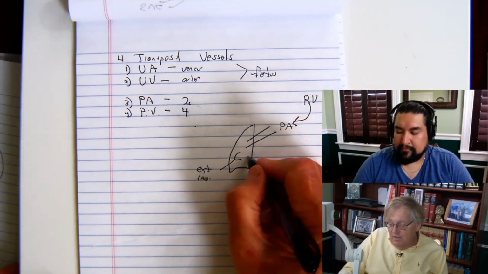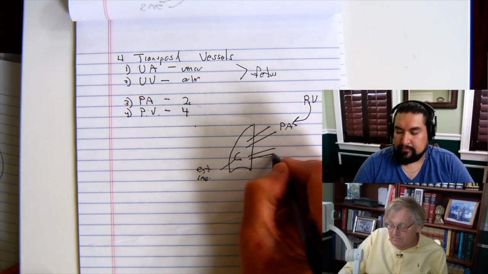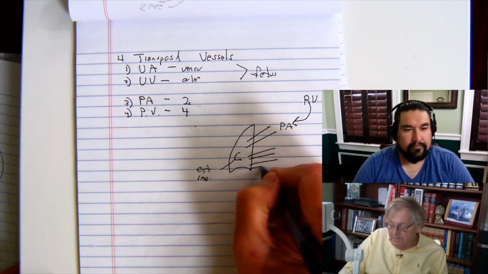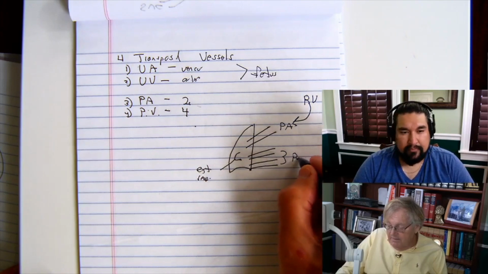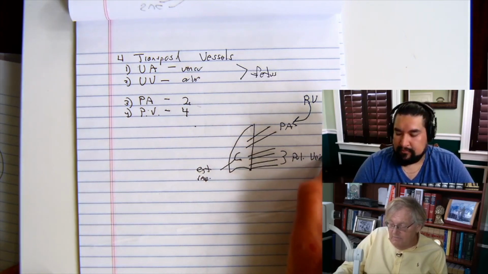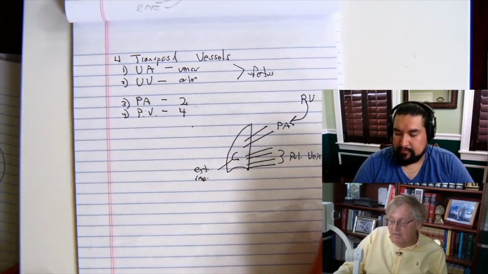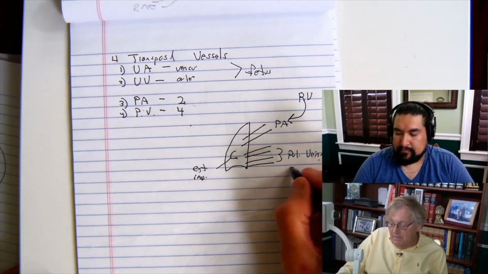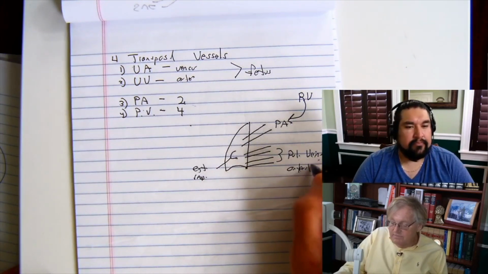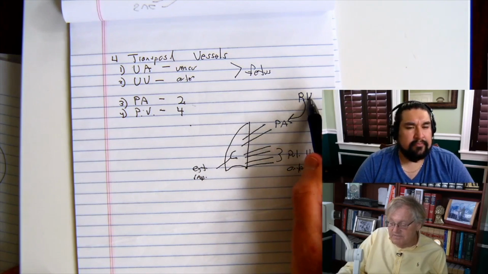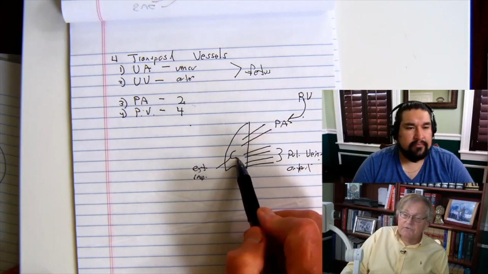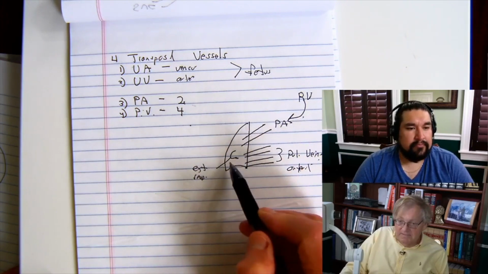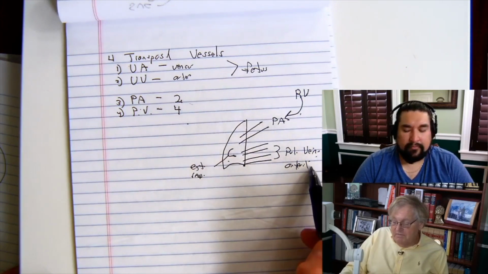Coming out of each lung are two veins. So these are the two pulmonary veins. So these together are the pulmonary veins. And those pulmonary veins now are going to have arterial blood. So the right ventricle sent in venous blood, underwent external respiration, and sent that back out to the pulmonary veins.